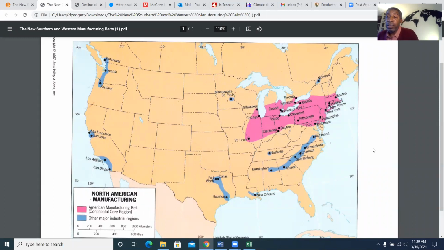Now, in conjunction with this shift in manufacturing to the South came some political changes, obviously, with the passage of the Civil Rights Acts and the Civil Rights Movement of the 1960s, which began to be institutionalized in the forms of policy.